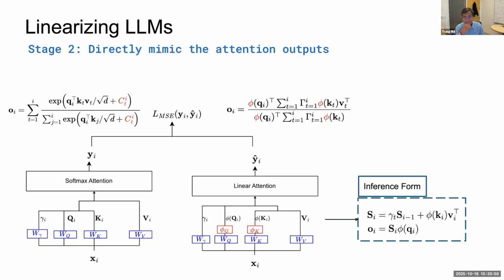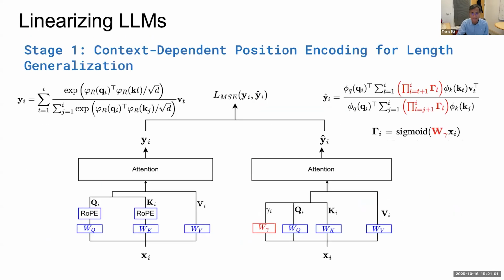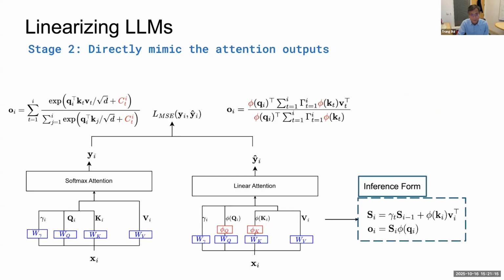It works the same way as in stage one, but the difference is that in stage one we learn the W gamma parameters and freeze everything else. In the second stage, we learn the two key parameters, phi q and phi k, for the query and key in the linear attention architecture.